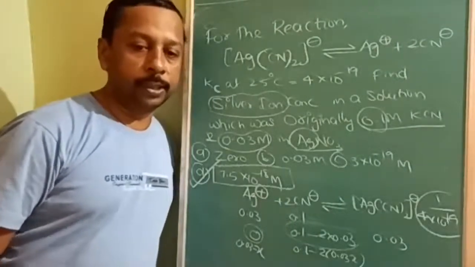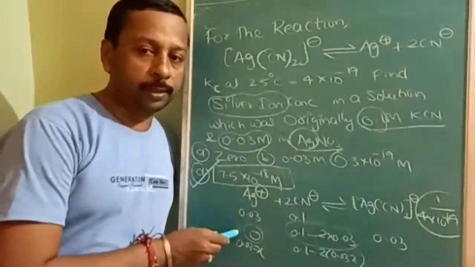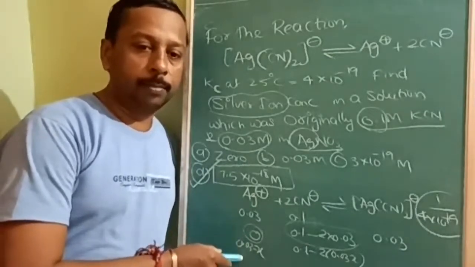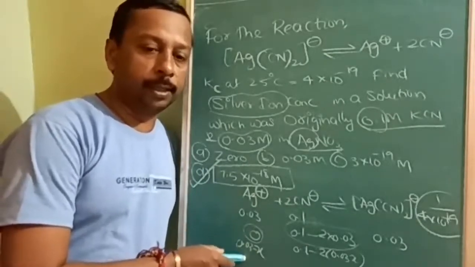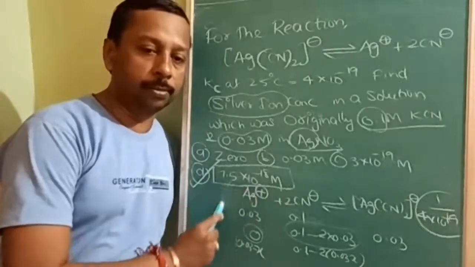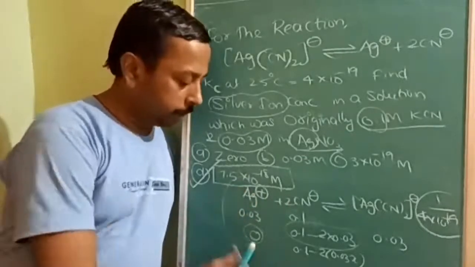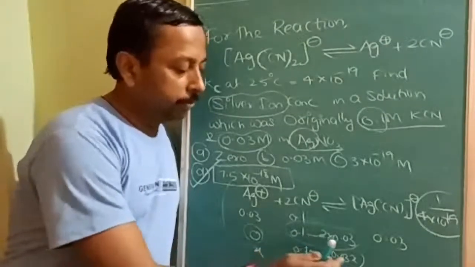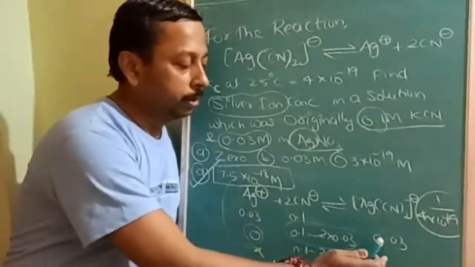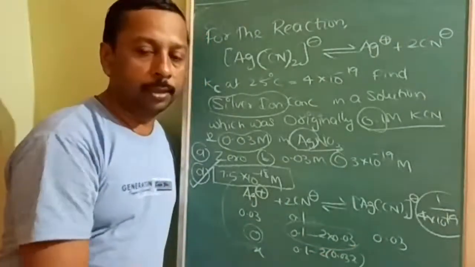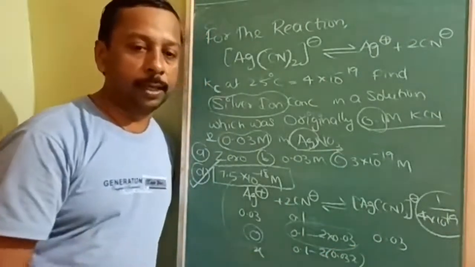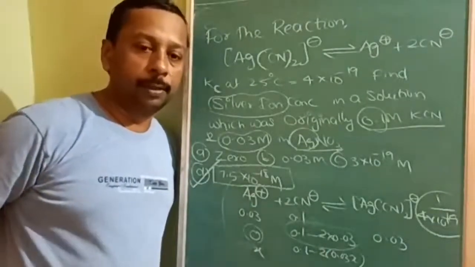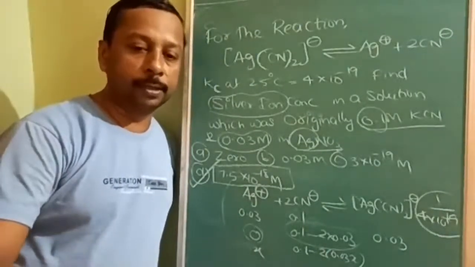What is the procedure? Is it understood? First, I have taken an example as if it is 100% dissociating. But if it is x at equilibrium, that is what we wanted to find out. If you want, you can write it as a simple x also. Then this will be 0.1 minus 2x. This will be x only. So like that, you can substitute x directly and you will get the answer: 7.5 into 10 to the power of minus 18 is the final answer.